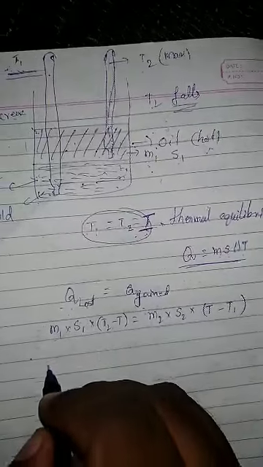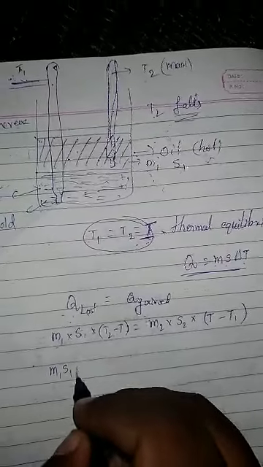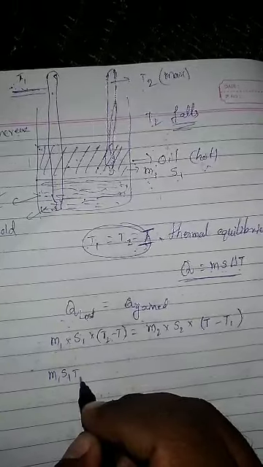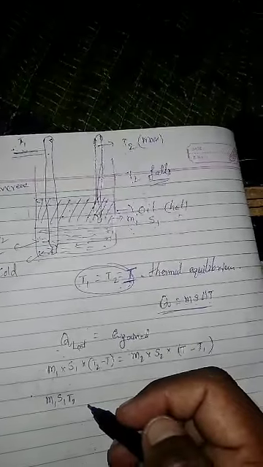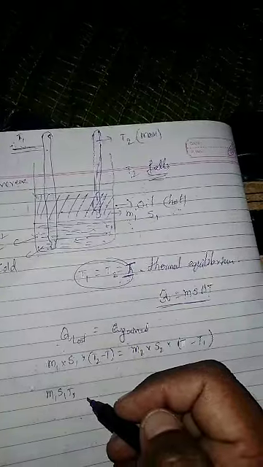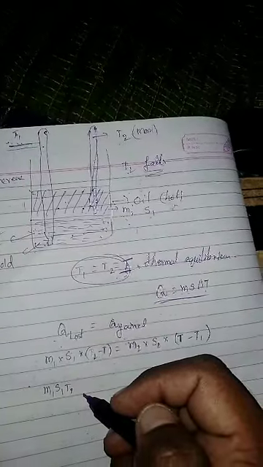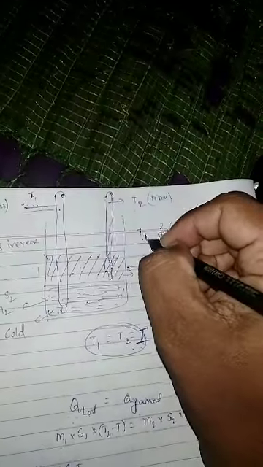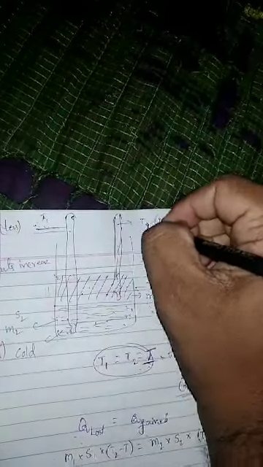So by multiplying M1 S1, we have changed the terms. Okay, let us change the temperatures: T2 as T1, T1 as T2, for our convenience.